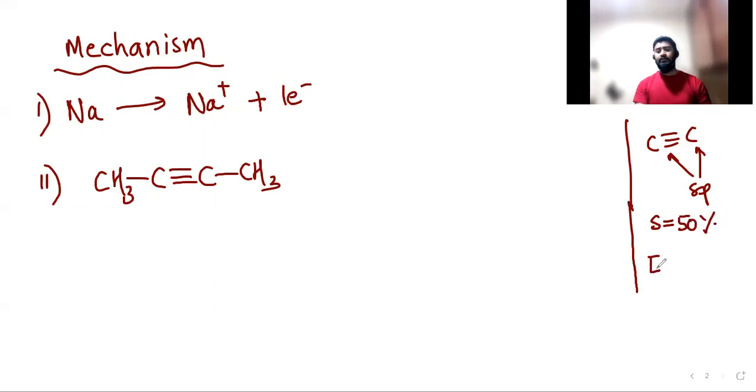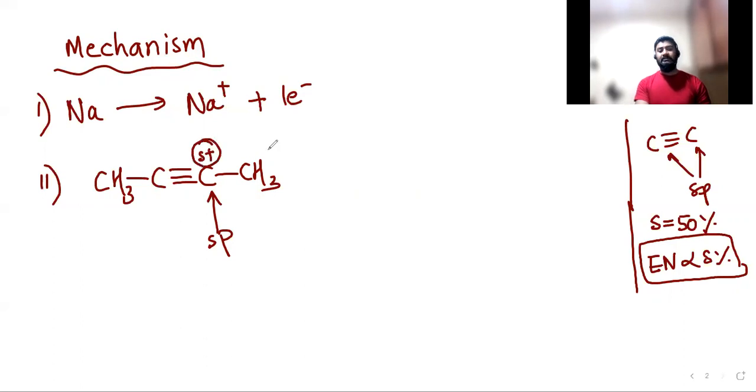We also know that electronegativity is proportional to s percentage. So this is the highest s percentage we can have, so it is the most electronegative carbon we can have. Being sp hybridized, it is highly electronegative. That means there will be a positive character on it because it wants electrons somehow.